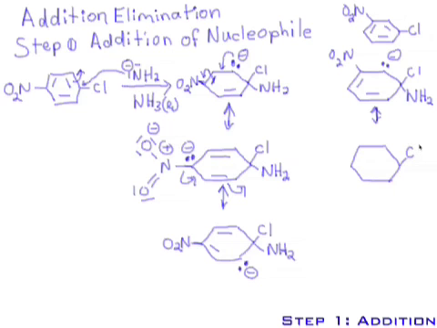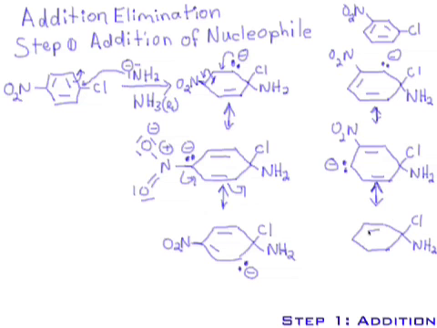Now here we draw them. And there we go. Now, what you see here is the same product made by amide attack, nucleophilic amide attack, that is allowed because of the electron withdrawing capability of the nitro group.